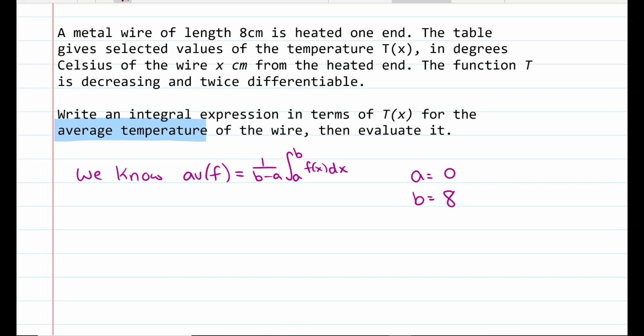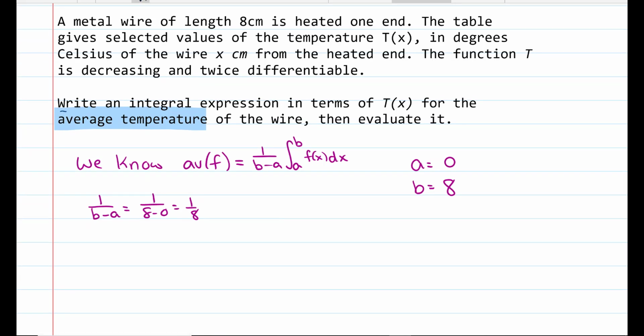So let's determine what 1 over b minus a is. This is going to be 1 over 8 minus 0, so this is 1 over 8. And the best way to solve an integral, if you don't have a function, is to use the trapezoidal approximation. So let's write the integral first, because the first step says to write an integral expression.